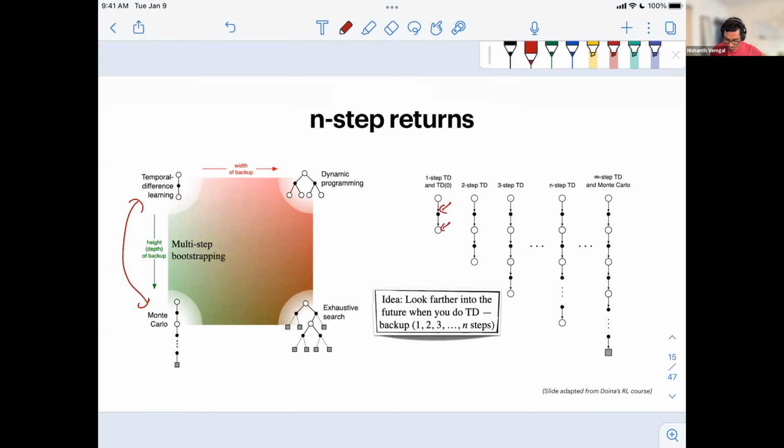Then you have two-step TD, which uses two rewards and the value of the state after two time steps as a proxy for the target. Similarly, you can use three-step, n-step and so on. And if you extend it to infinitely many rewards, you recover the Monte Carlo estimates, or Monte Carlo returns.